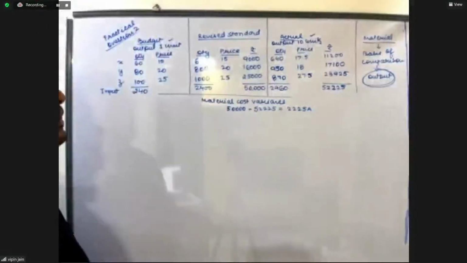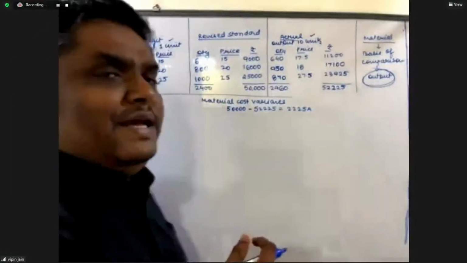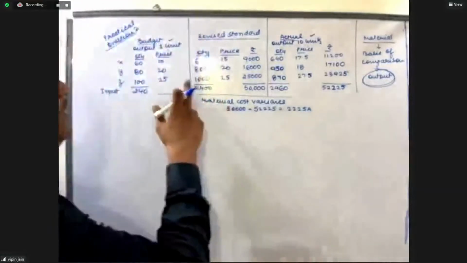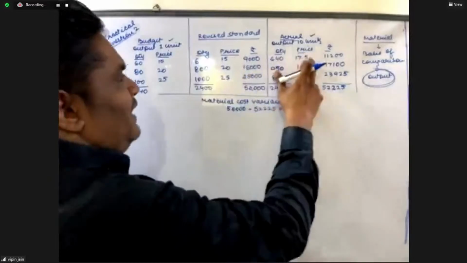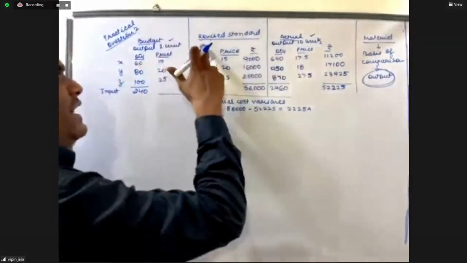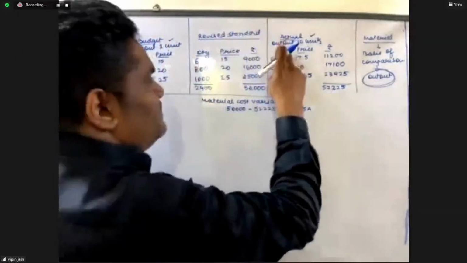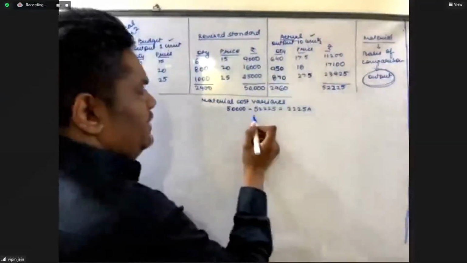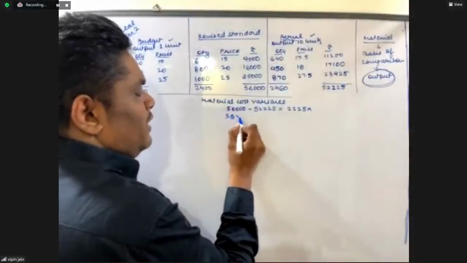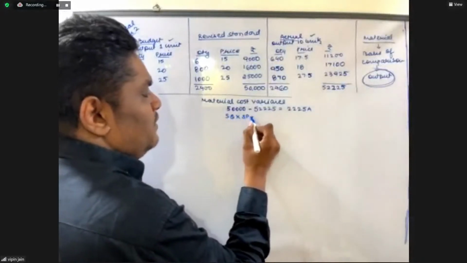This will be my material cost variance. Alternatively, as I told you, for X 600 units at the rate 15 minus 640 at the rate 7.5. That is standard quantity into standard price minus actual quantity into actual price. So you can calculate it in a similar way also. So writing the formula for your reference.